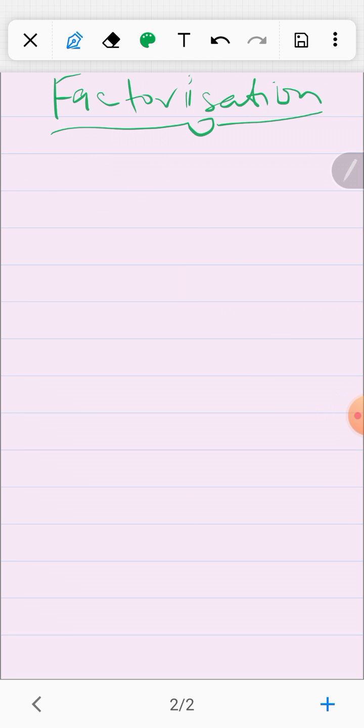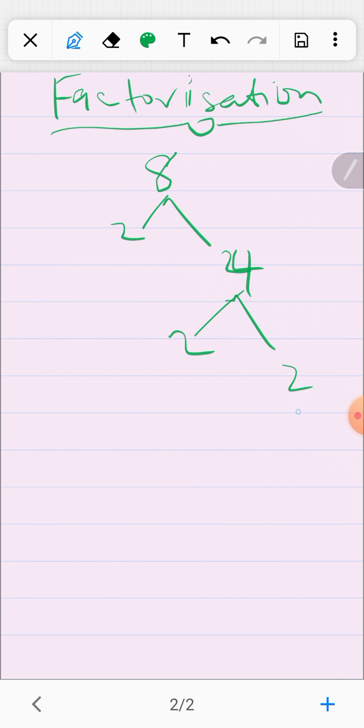Let me start with something simple. If I wanted to factorize, because we talked about prime factorization earlier, if I have 8 and I want to write 8 in terms of its prime factors, I would go 2, 4, by 2, 2, and by 2, 1.